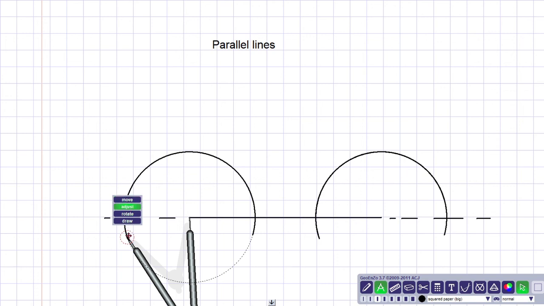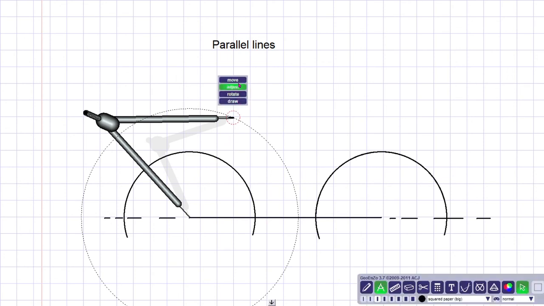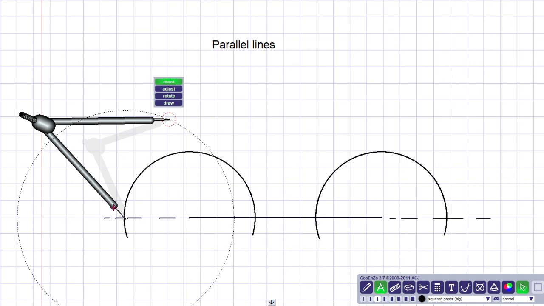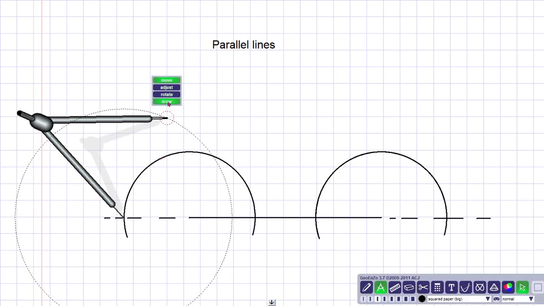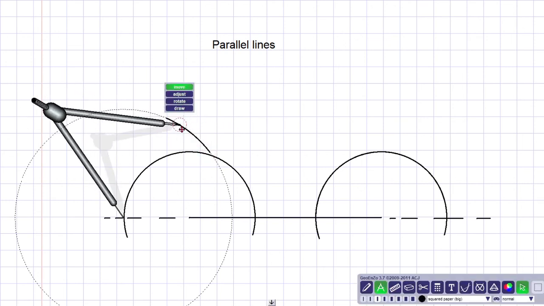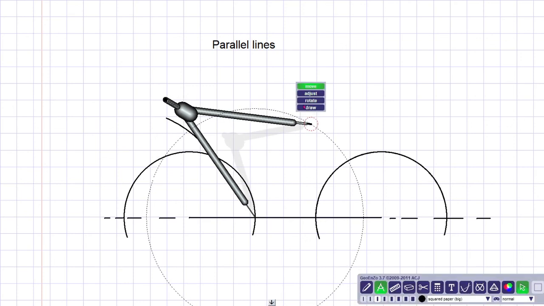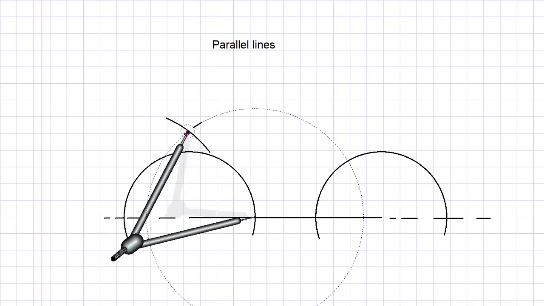Now adjust the compass. Move the compass to here. Draw the 90 degrees angle. Without changing that radius, place to here. Rotate. Cross the arc.